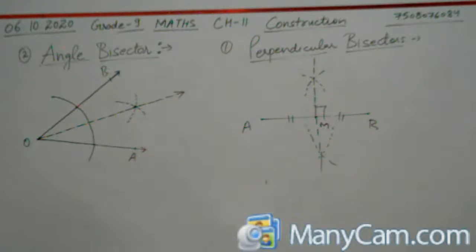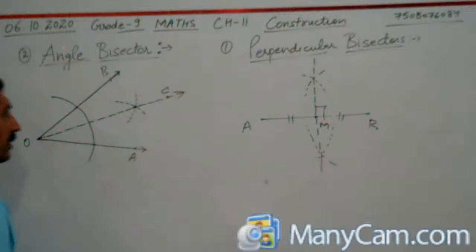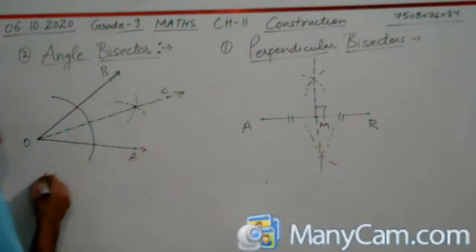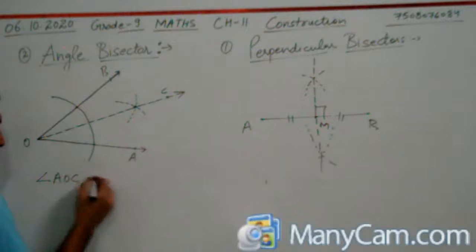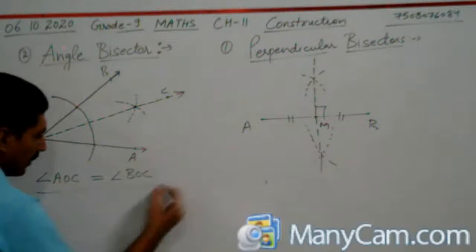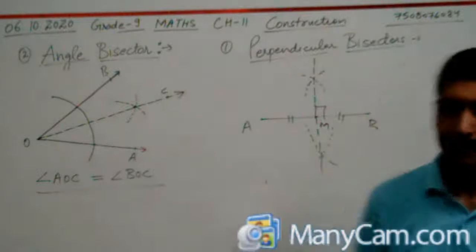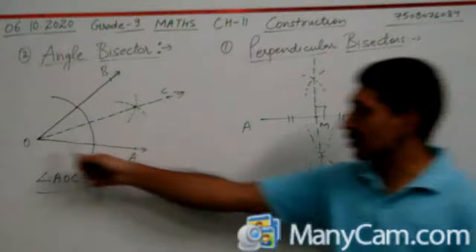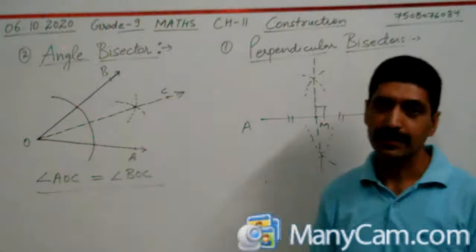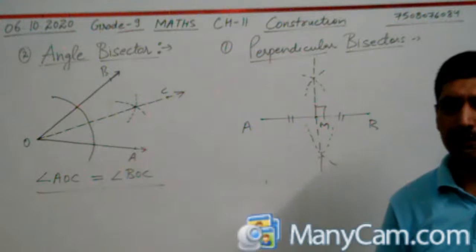Now if this point is C, then angle AOC is always equal to angle BOC. Or we can say the ray OC is the angle bisector of this angle.